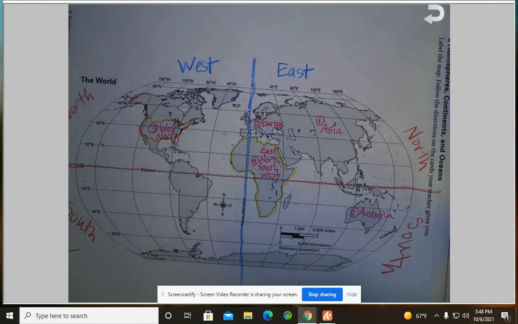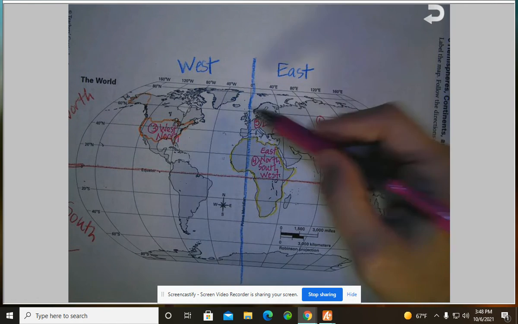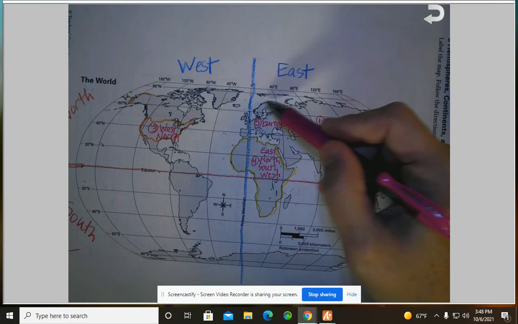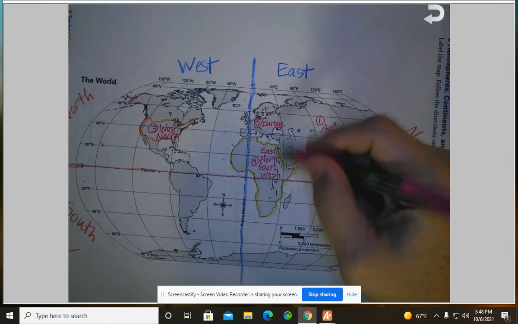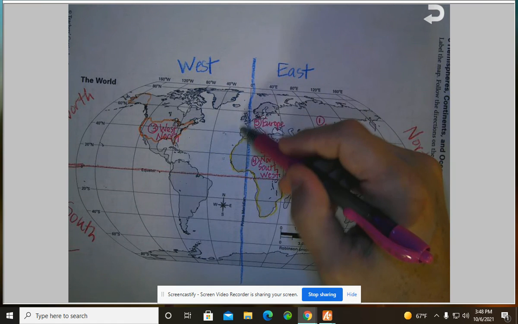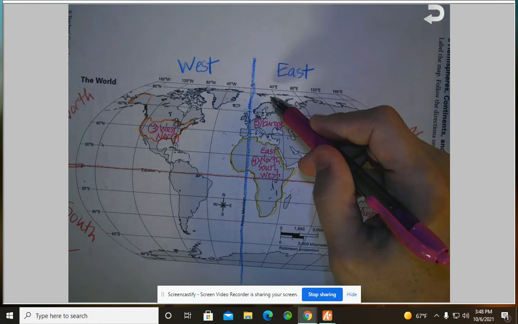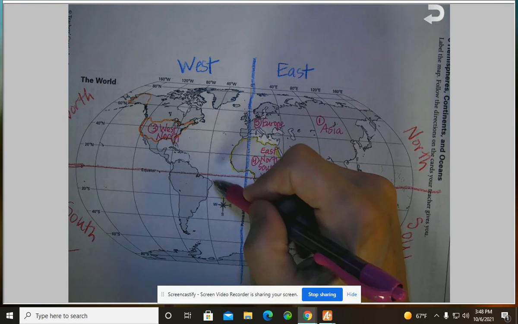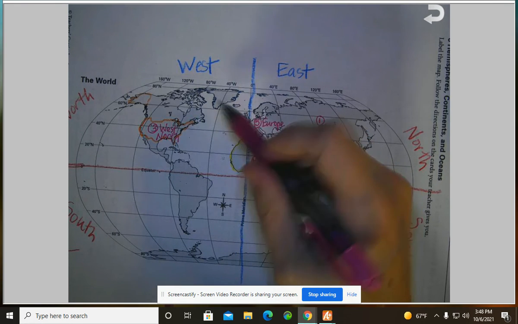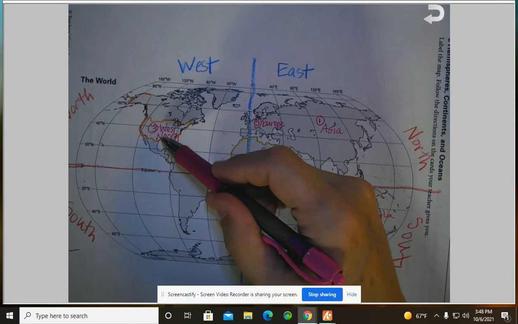Number 6, label the ocean that touches the shores of Europe and South America. So here is Europe. This is the Arctic Ocean right here. This is the Atlantic Ocean. We know that this is North America.